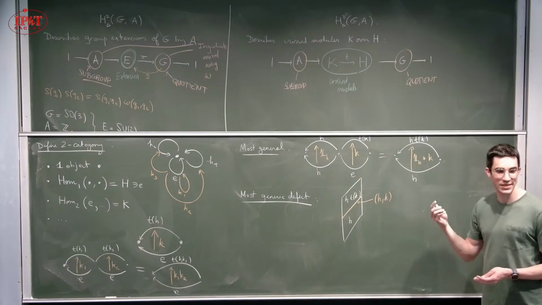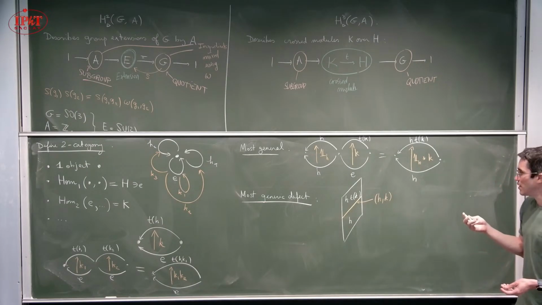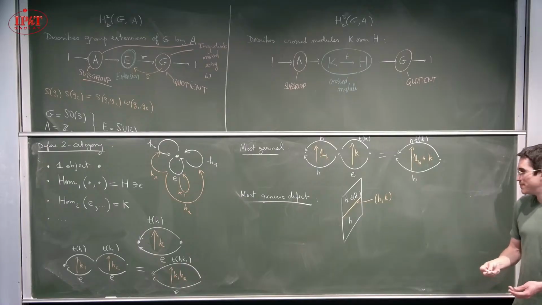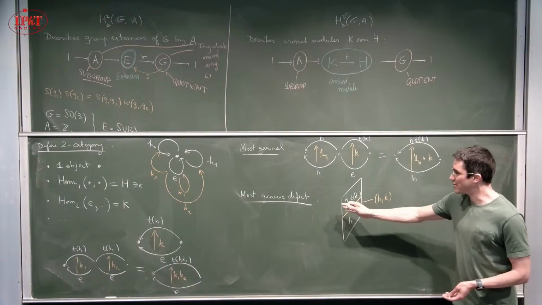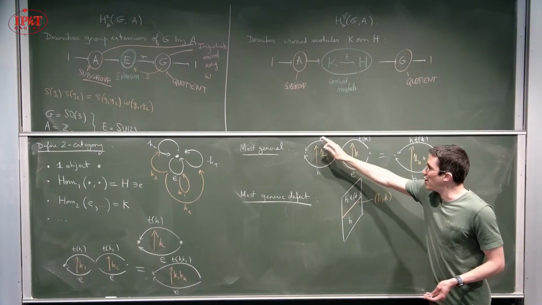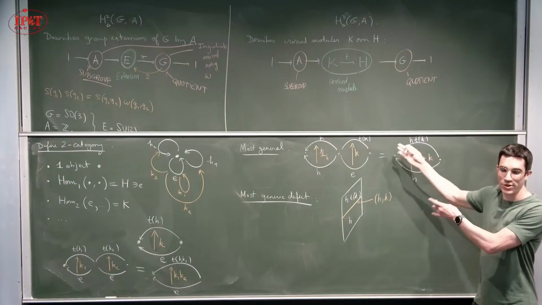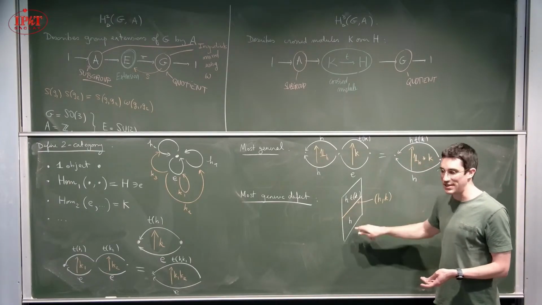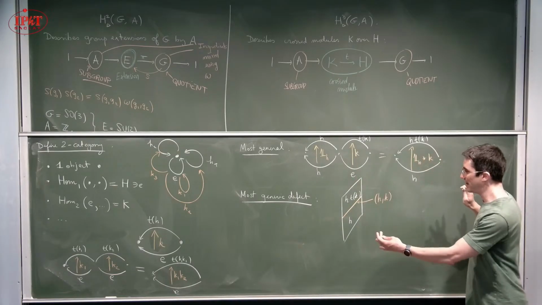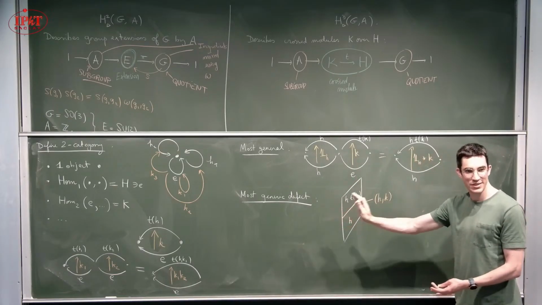But now, what is the one-form symmetry? Well, first of all, let's get rid of the most generic defect. I wanted to show you what's the most generic one, but now let's focus on the less generic. Let's assume that H is the identity, or I can compose if you want by acting with H inverse on this.